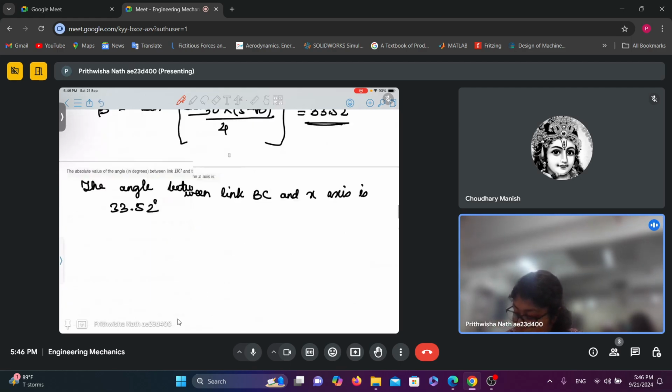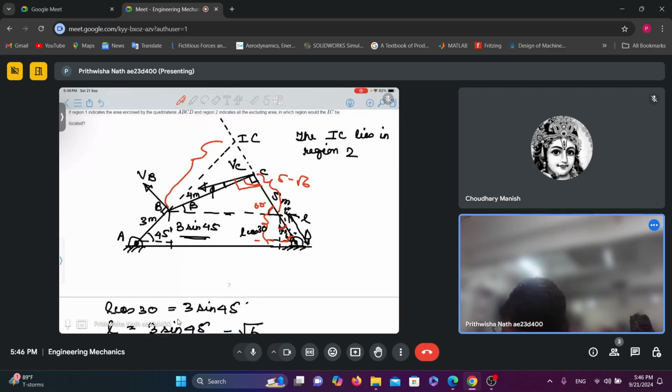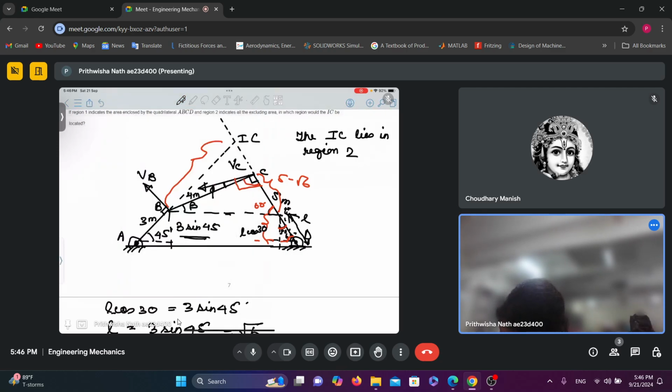From this figure, can you tell me, let this point be F. Can you tell me what this angle AFD is? That is this angle.